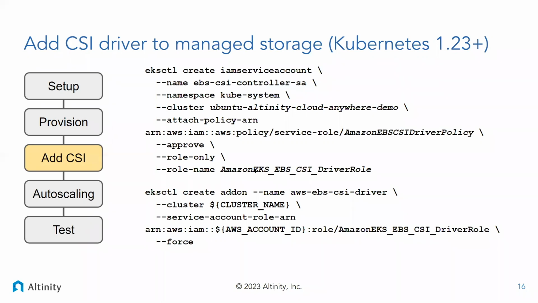You need to create what's called a service account. So basically, create the IAM role, or IAM policy, I should say, and correctly map it so that it is going to allow the CSI driver to manipulate block storage. And then you actually install the driver itself. eksctl makes this very simple. So these two commands just take a couple minutes to run.